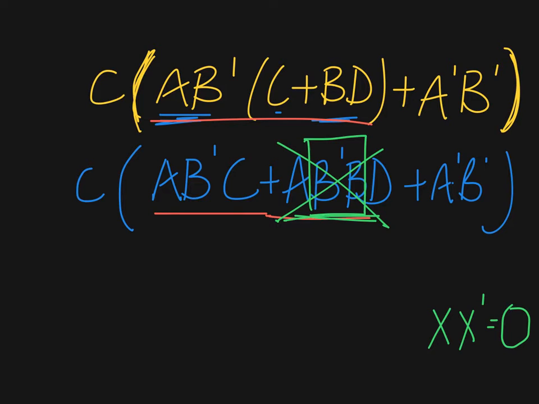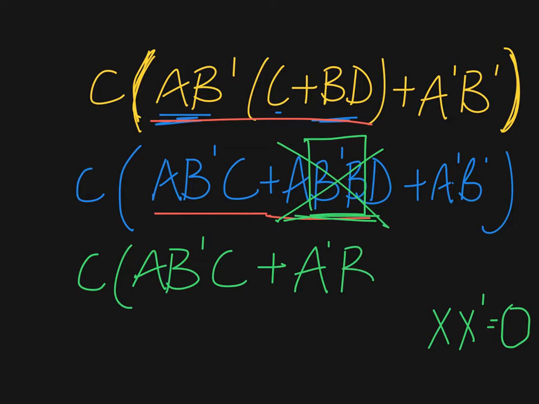So straight away, we've ended up with a very, very quick simplification. So we'll have the C still, the bracket, A, B, not B, C. This middle term has gone, and we add A, and not B. Okay, so that's where we've got to.